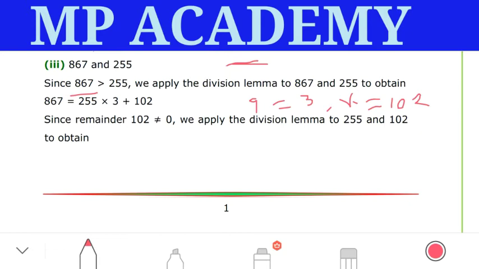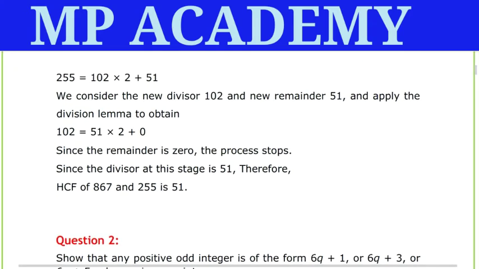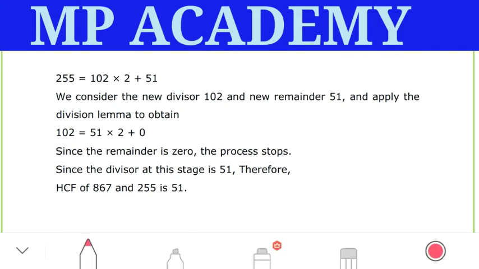So we can write 867 equal to 255 into 3 plus 102. Now 102 is not equal to 0. So now we have to again apply Euclid's division lemma. Now we divide 255 by 102. Then we get the quotient 2 and remainder equal to 51.